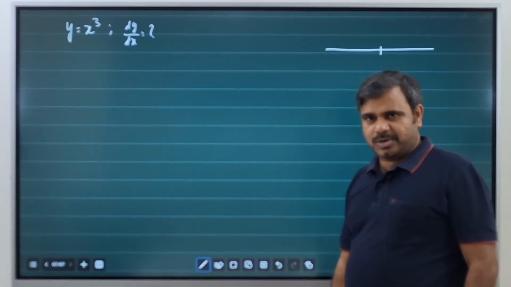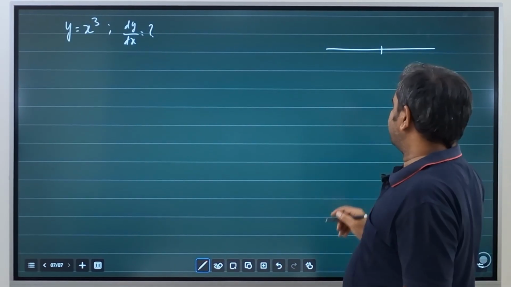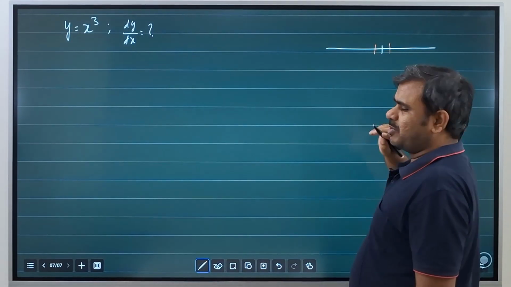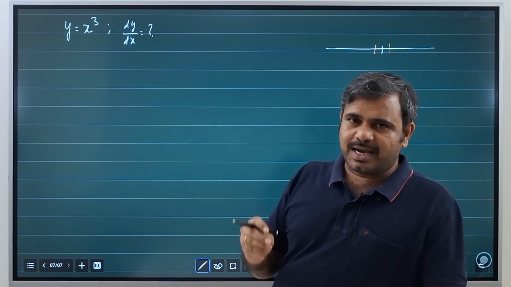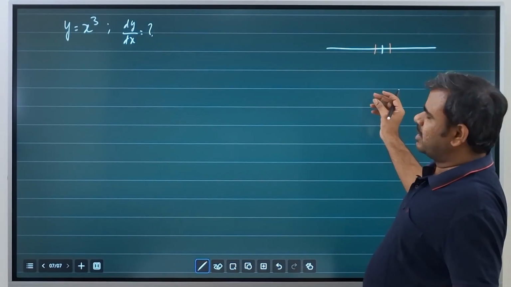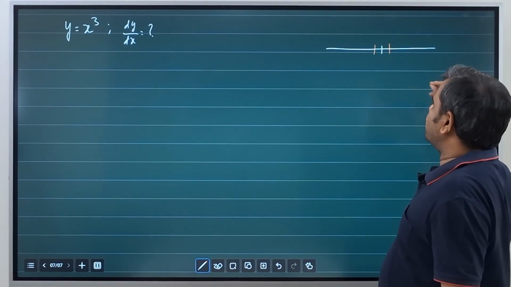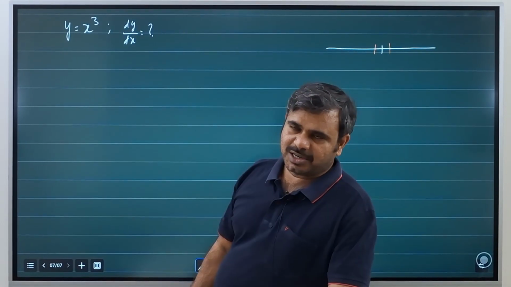Take a particular value of x, construct a small interval around that value of x, and make that interval as small as possible. As that interval tends to 0, the rate of change in y with respect to x tends to a particular value. That particular value is called dy by dx.